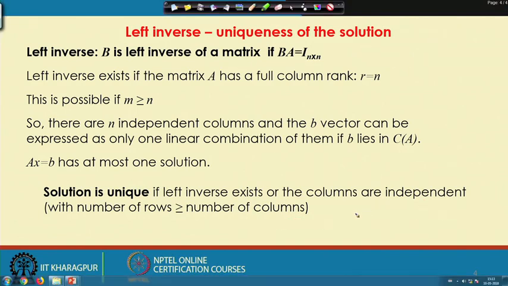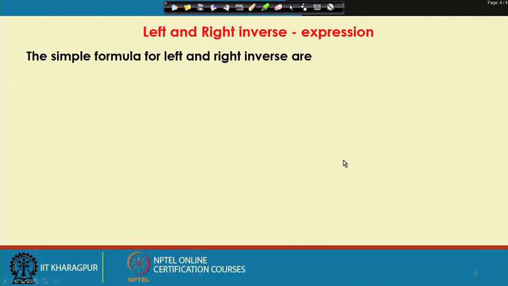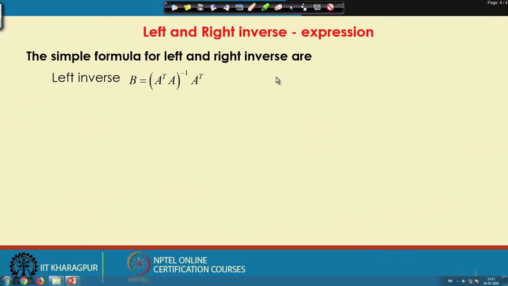and we can check very easily that there are very simple formulas for the right inverse and left inverse. The left inverse is given as B = (A^T A)^-1 A^T, and therefore we can calculate it.